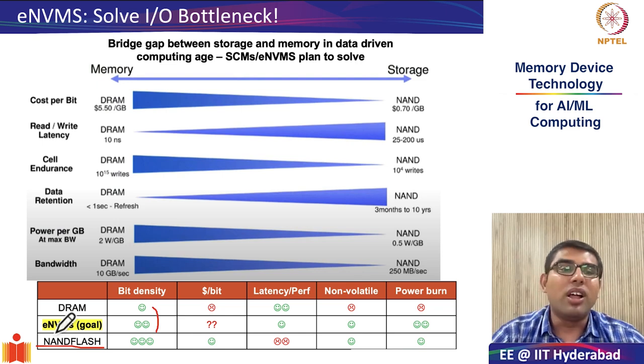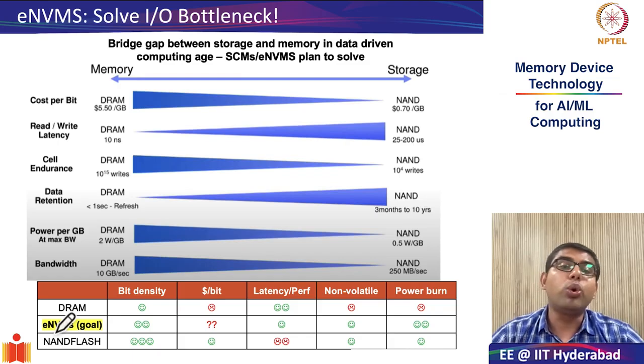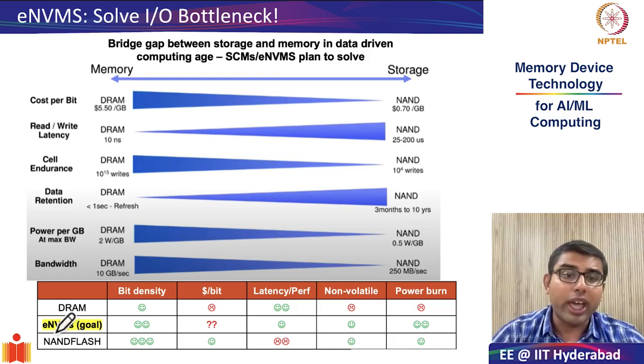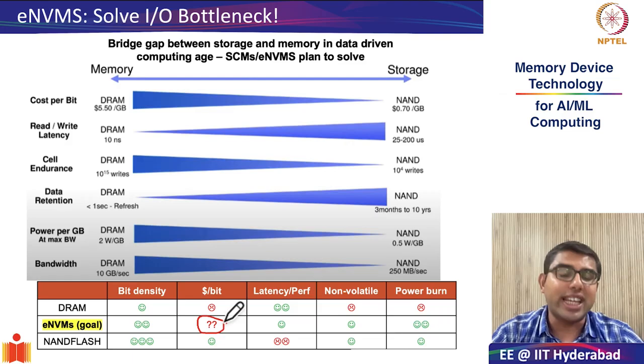But as we will see, in eNVMs it is very much possible to have multi-level cells, where you can store multiple bits in the same physical cell. And because we are not very sure about the bit density, right now commenting on cost per bit is going to be very challenging.